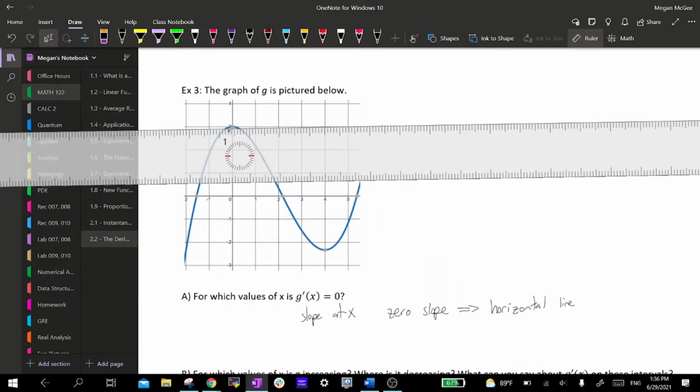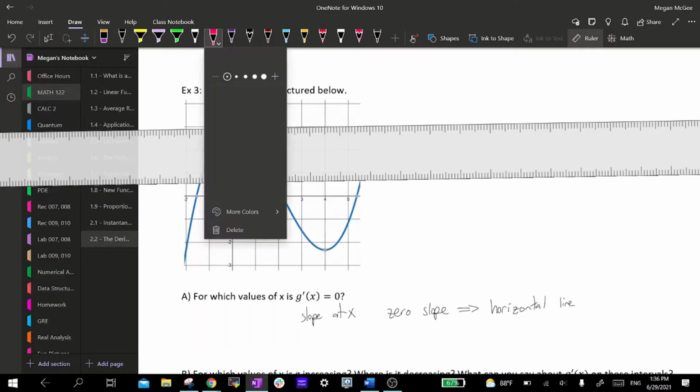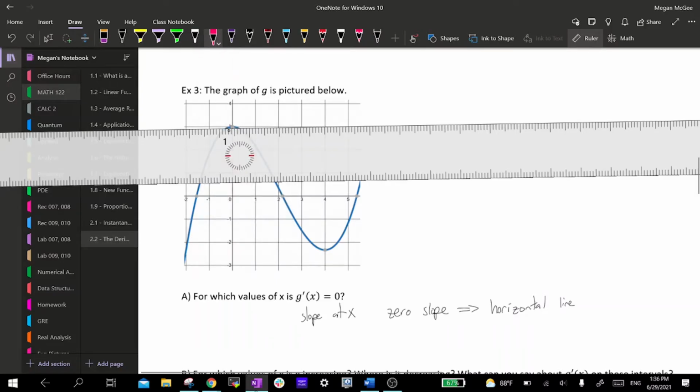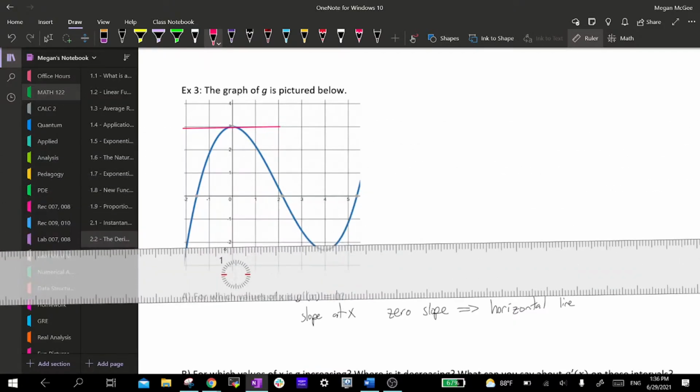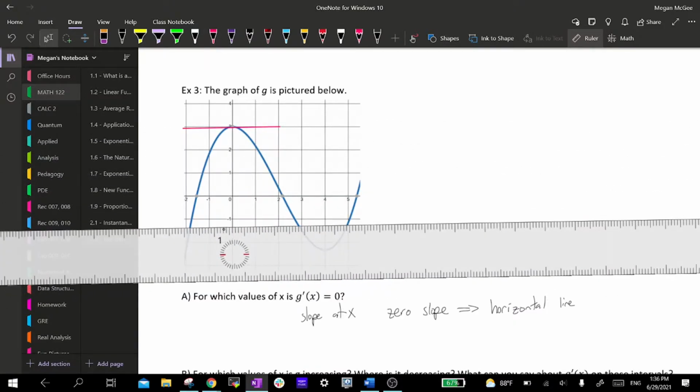Pretend it says 0. Okay, that gives us our nice horizontal line. All right, I'll use red here instead of the blue. So we have a nice horizontal line at x equal to 0, right? x equal to 0 down here. So the derivative g prime of x equals 0 at x equal to 0.